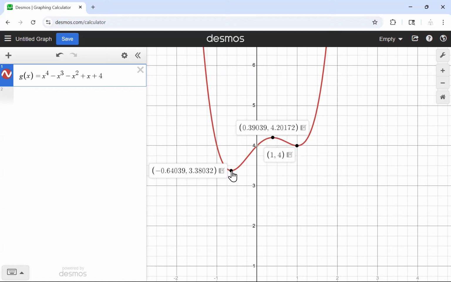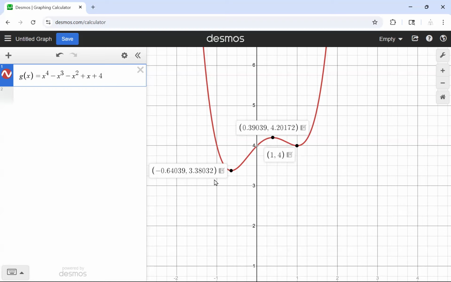Now, Desmos is nice in that if you hold your cursor over the point, it will give it to you. The bottoms of valleys are usually highlighted. The tops of hills are usually highlighted. So usually you can just click on those and it'll give you the point.